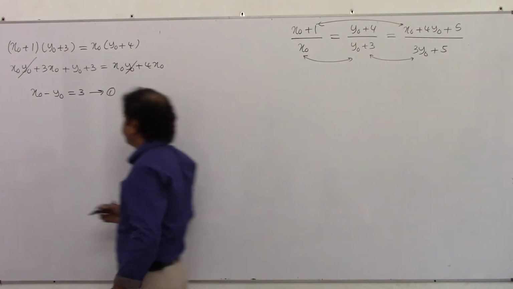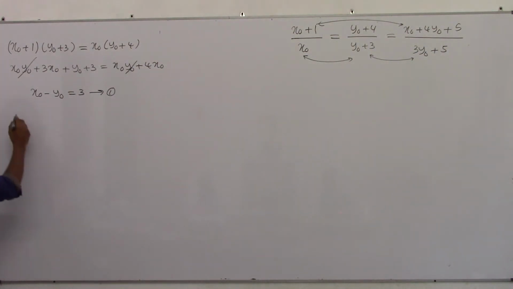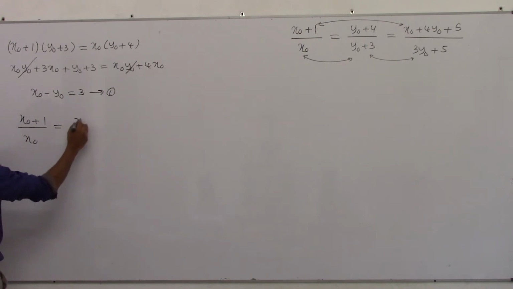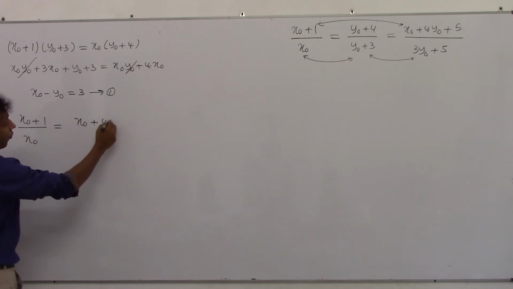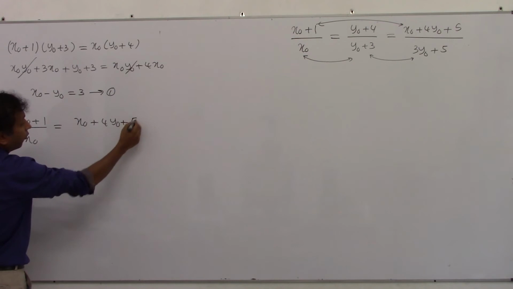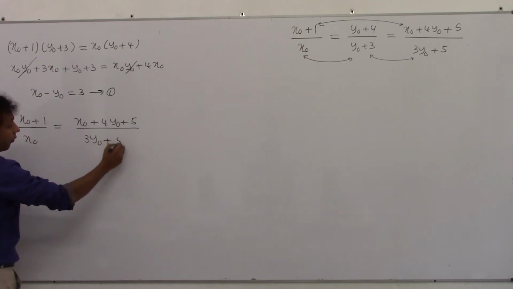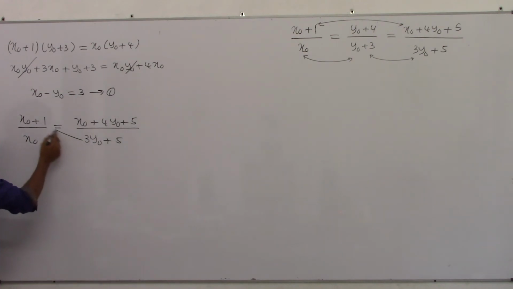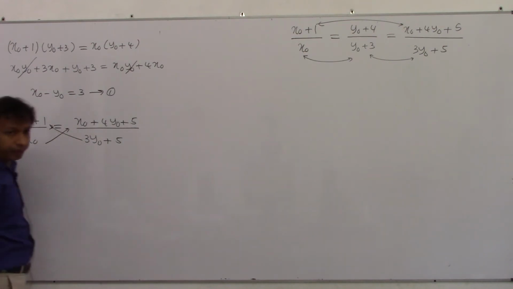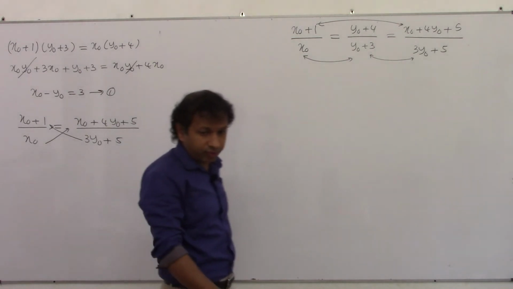Equate first and third: x naught plus 1 divided by x naught, and x naught plus 4y naught plus 5 divided by 3y naught plus 5. Now use cross multiplication this way. Right, and we'll simplify that.